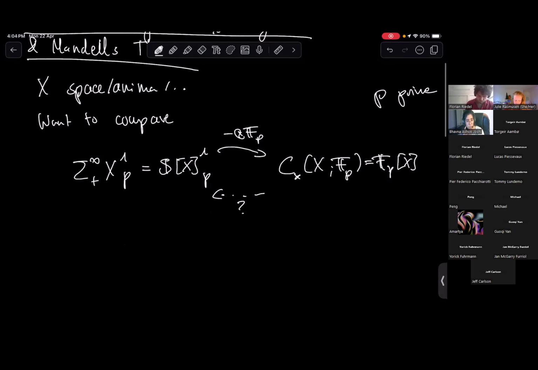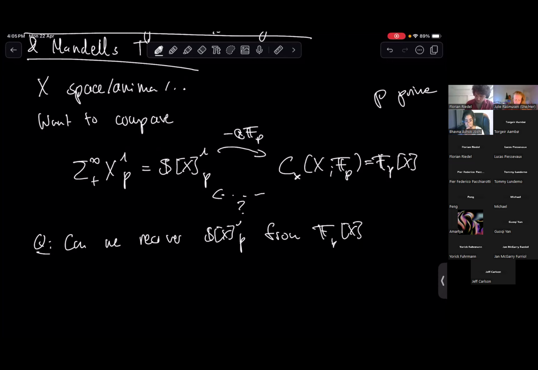The question is, can we recover the spherical chains, spherical homology, from the F_p homology? I'm going to say chains and homology interchangeably to denote the spectrum, basically. There's no pi star statement anywhere. If I say homology, I just mean the spectrum. Can we recover this? And ideally, I would like to recover this in a functorial way.